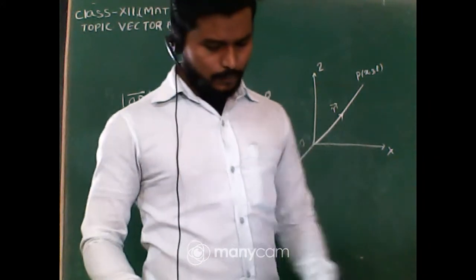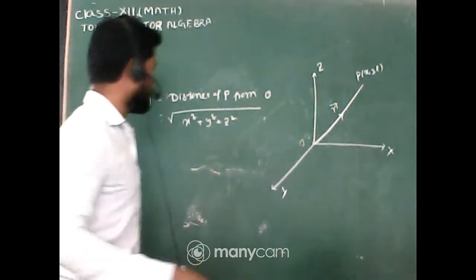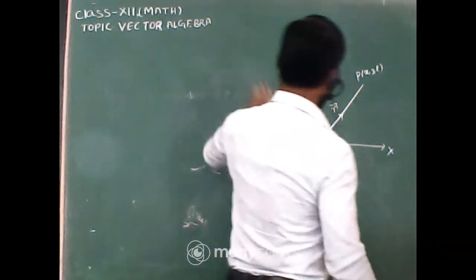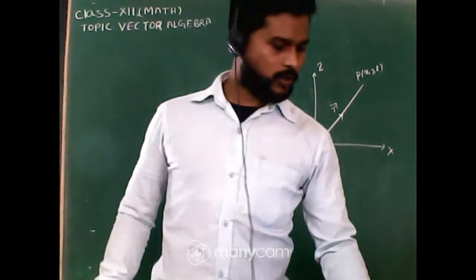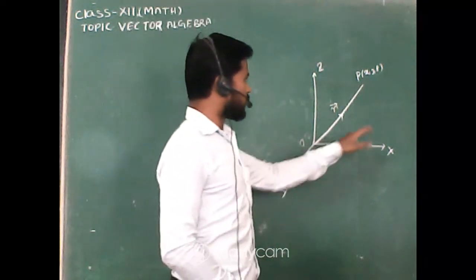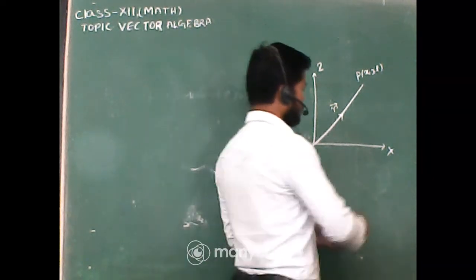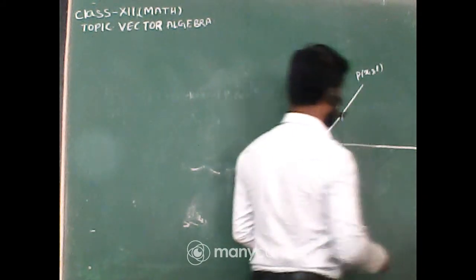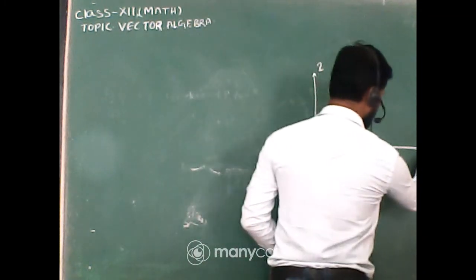Now we're going to discuss the next topic. What are direction cosines? Let us consider a set of rectangular axes. I have already drawn the diagram. This is a set of rectangular axes with O as the origin, and OX, OY, and OZ are the axes.